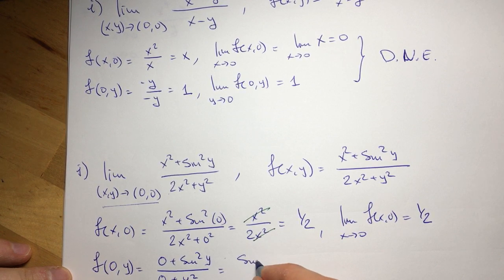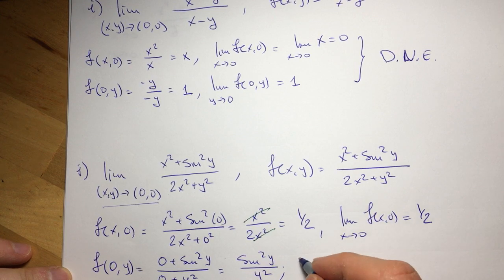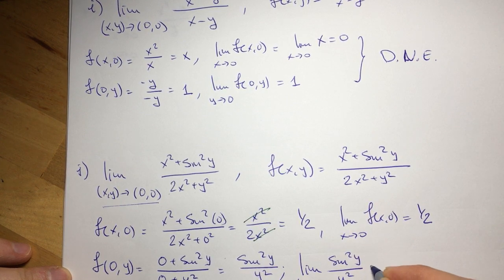This is equal to sine squared of y over y squared. Okay, so now find the limit as y approaches 0 of sine squared of y over y squared.